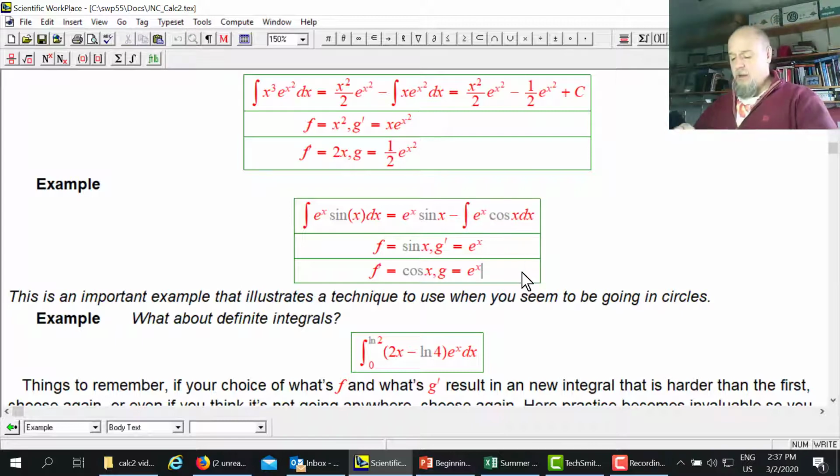So here's where I remember feeling like, oh, I feel like I'm going around in circles. And you sort of think, if I do parts again, which is the only thing I can think of doing, that's just going to turn it into e sine again for the integral. So it's going to be going round and round in circles.